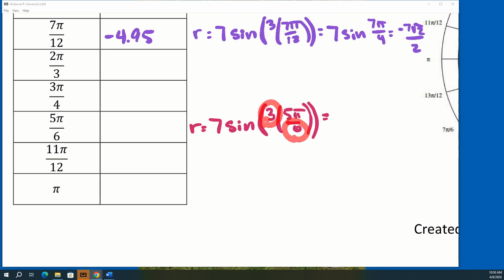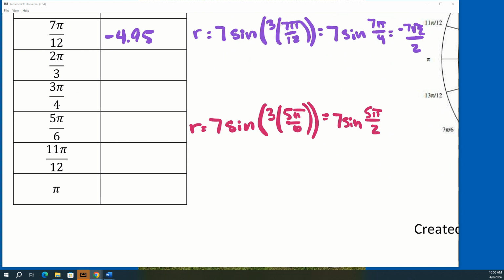What should that reduce to? Yeah, it's a 2 in the denominator, so this becomes 5 pi over 2. Now that is not going to be on your unit circle. So any angle bigger than 2 pi is not going to be on there. But this one has an angle called a coterminal angle. That's a totally different angle, but it has the same sine.